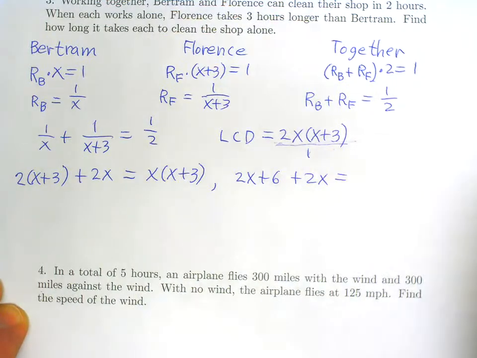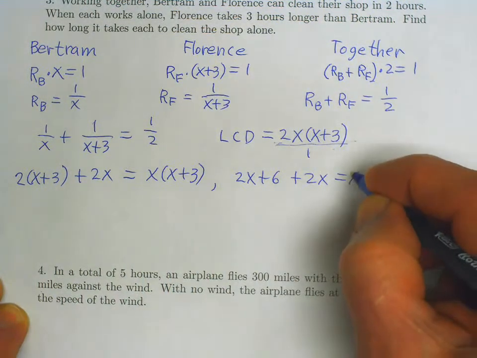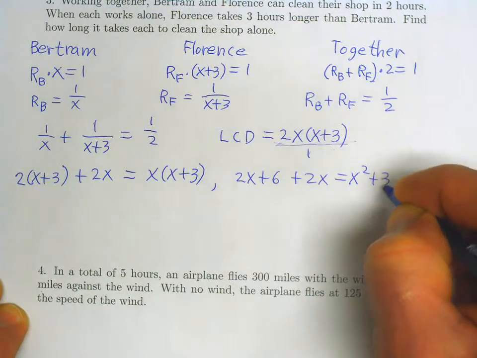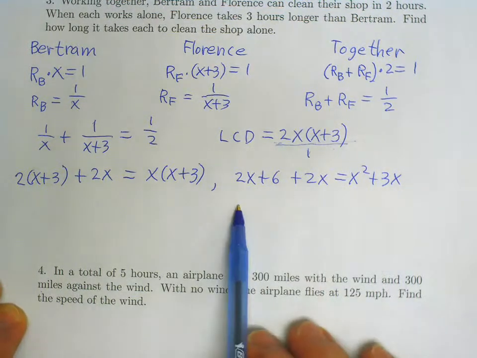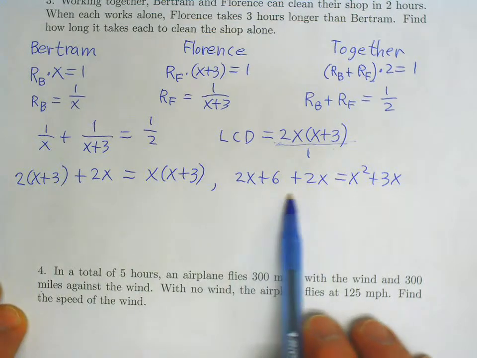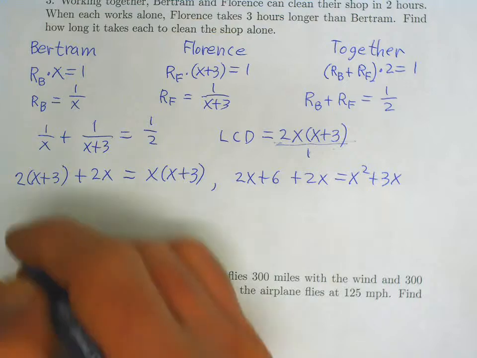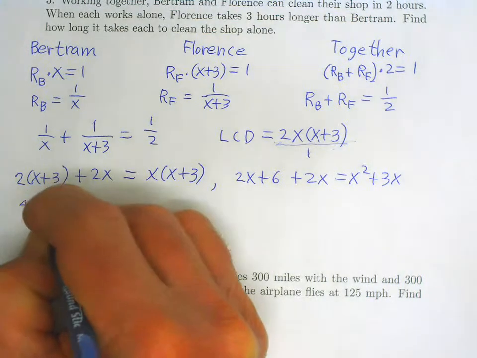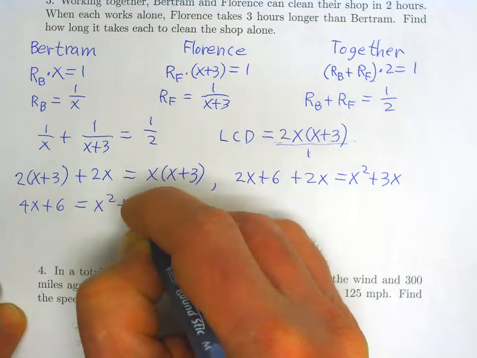On the right-hand side, multiply x times the binomial x plus 3, and we get x squared plus 3x. Okay, we'll go ahead and combine like terms on the left-hand side. 2x plus 6 plus 2x simplifies to 4x plus 6 equals x squared plus 3x.